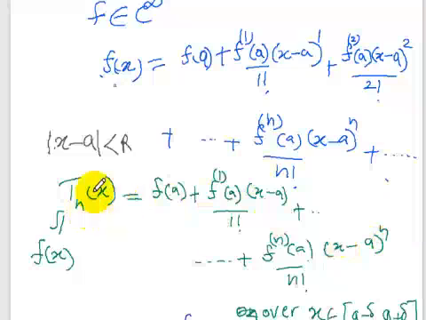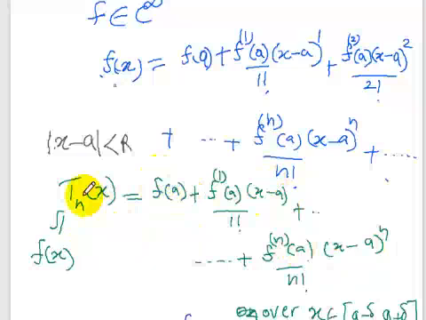So we are going to approximate the function f of x by using this polynomial. Definitely you know that at the center a, the function and this polynomial coincide. When you plug a into the right hand side, these terms become 0, so you end up with f of a, which coincides with f of a.